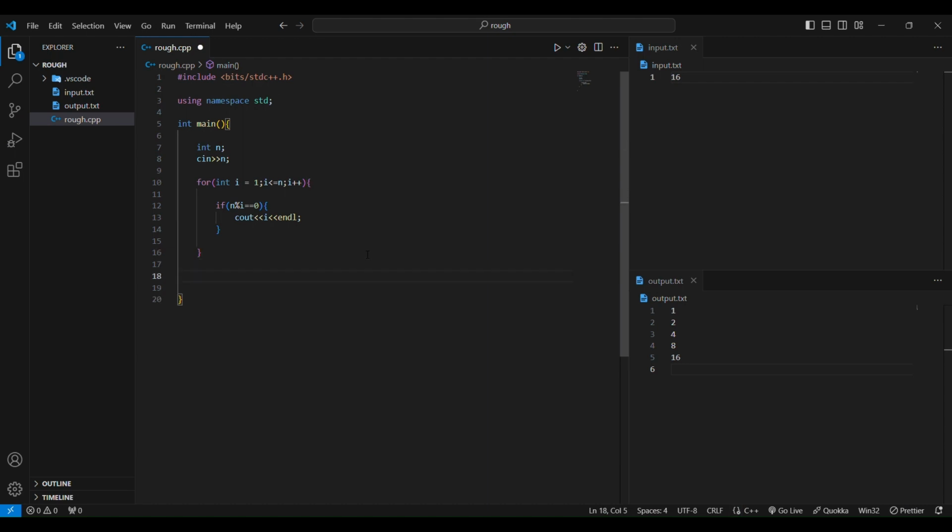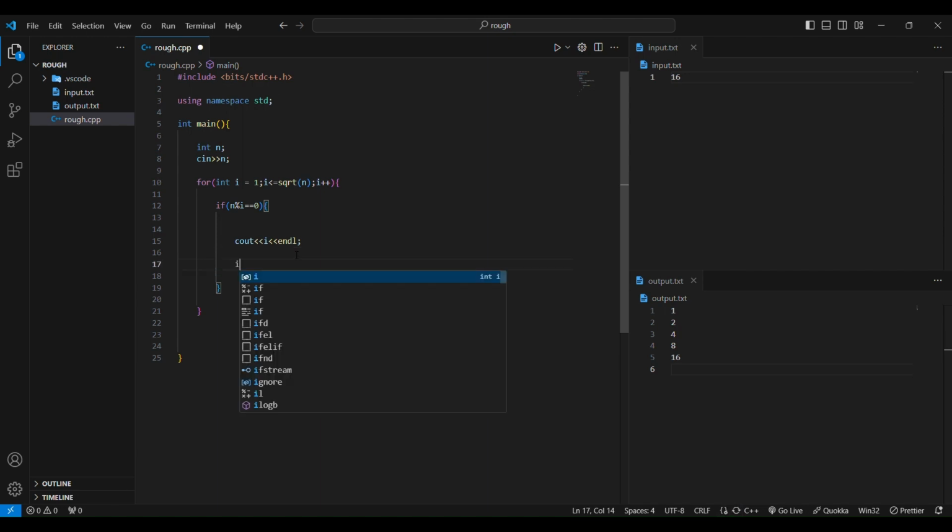Now this runs from 1 till n, but what I am saying is I can run from 1 till square root of n, right? So I will be less than or equal to square root of n. And what I am going to do, if I is dividing n completely, I will of course print I, but I will check whether n by I is equal to I or not.